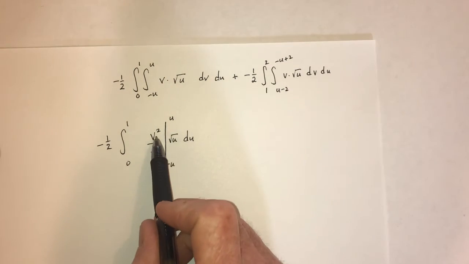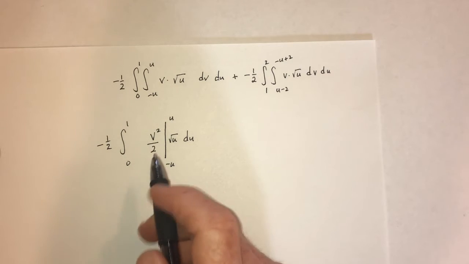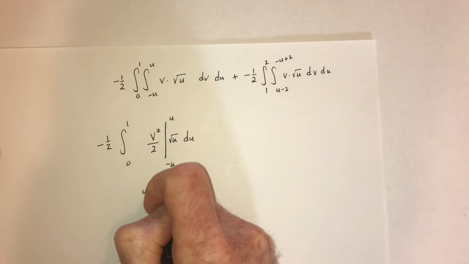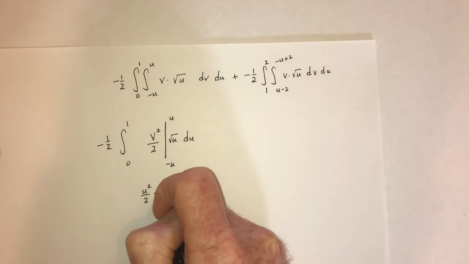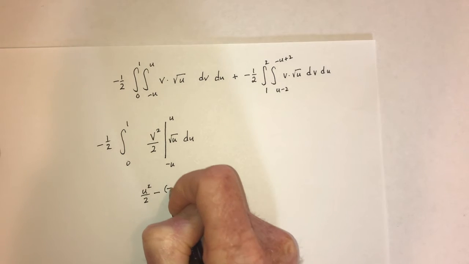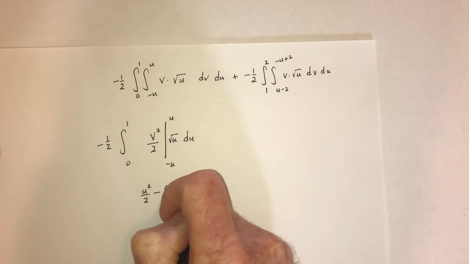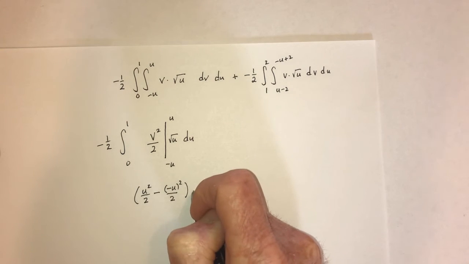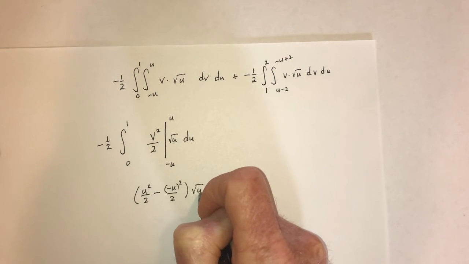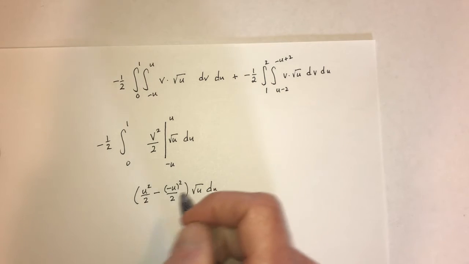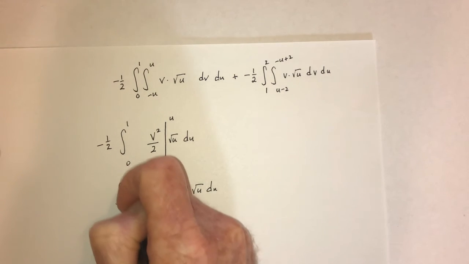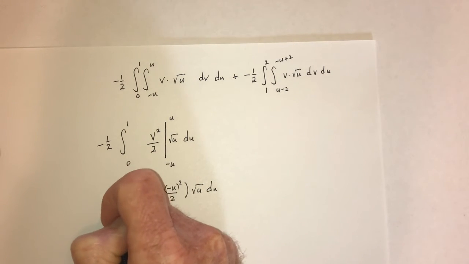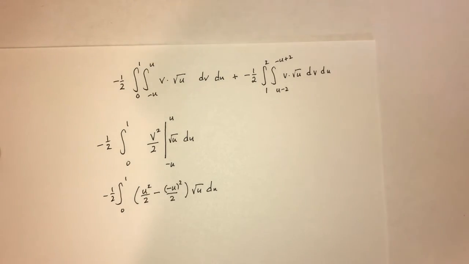So substituting the u in here, that's going to be u squared over 2, and then minus negative u squared over 2, and then it's still times the square root of u du, and then it's integral from 0 to 1 and negative 1/2.